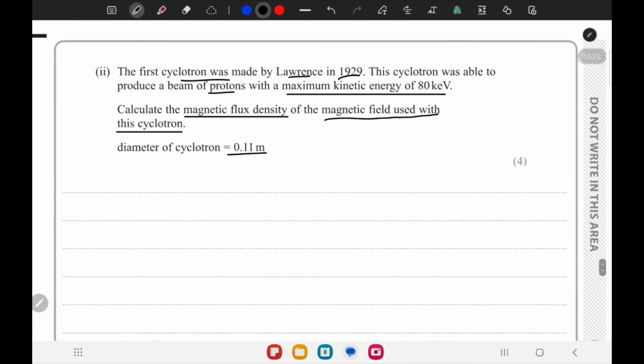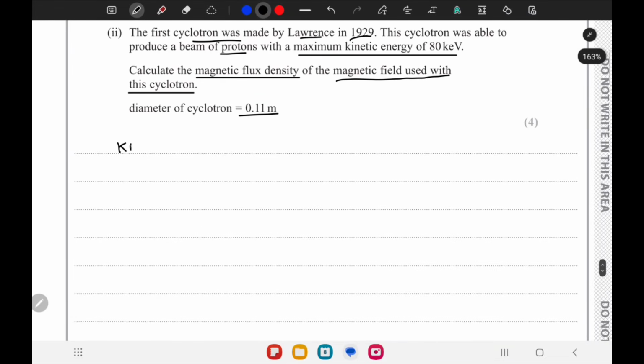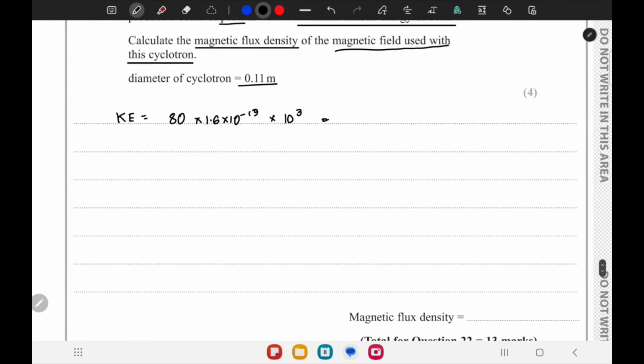At first we'll convert the energy to joules, so 80 into 1.6 into 10 to the power minus 19. Since there was a kilo, we'll have a 10 cube over here. So this is 1.28 into 10 to the power minus 14 joules.